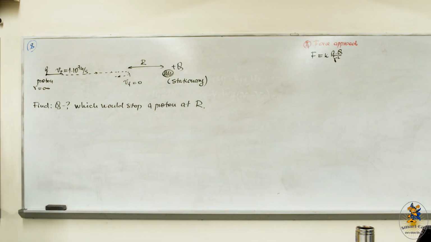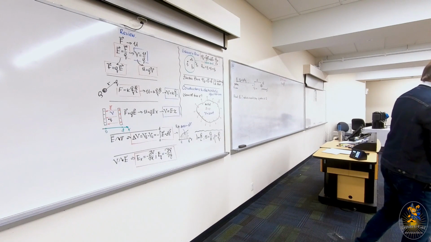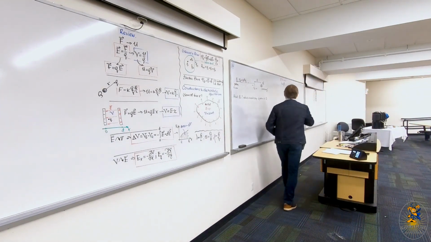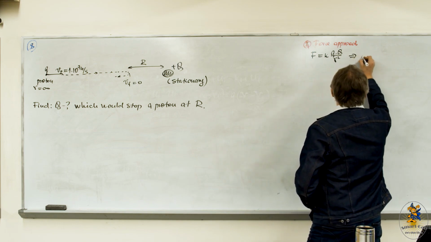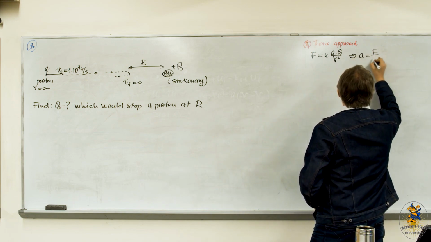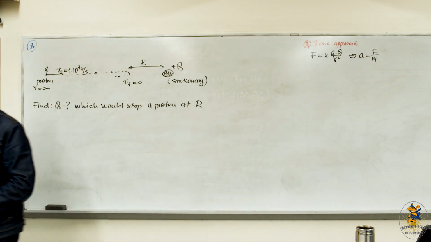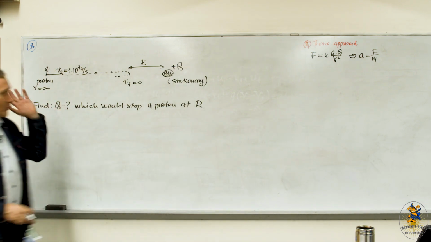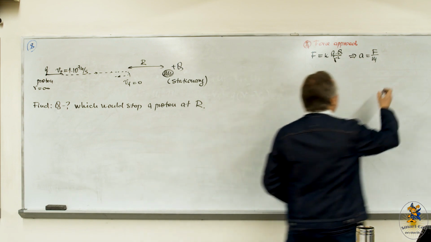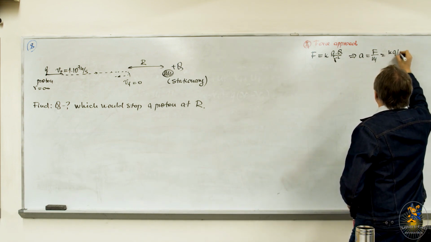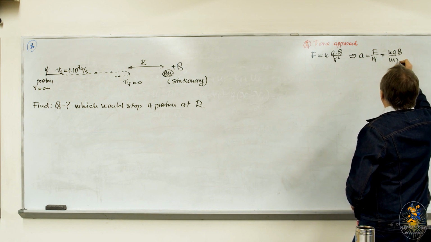Then, of course, next step, we usually find acceleration, right? Moving towards the kinematic equations. So acceleration will be equal to F divided by m. Right now, I don't care about the direction. You will understand in a second why. Later on, of course, I will start looking at that. So, as a result, acceleration will be equal to kQ over m r squared.